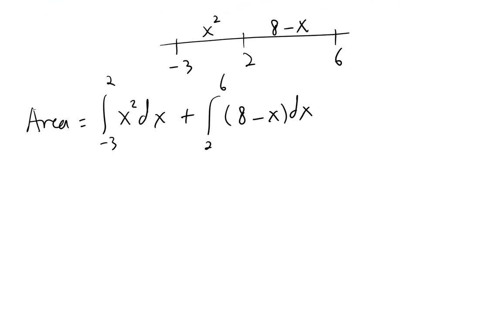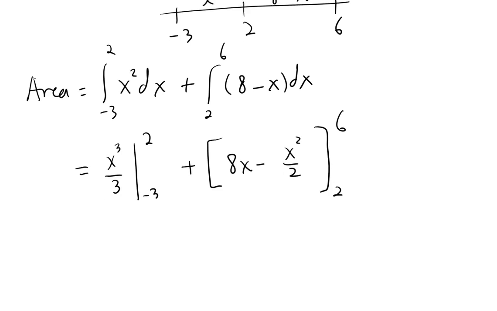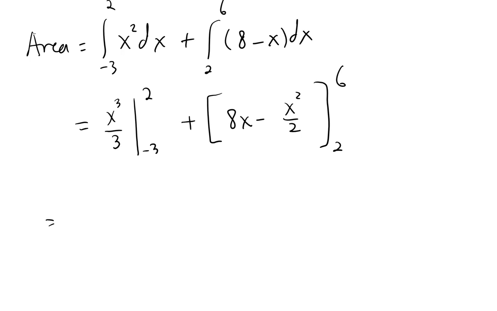So now the integral of x squared is x to the third over 3 from -3 to 2, plus the integral of 8 minus x, which is 8x minus x squared over 2, from 2 to 6. All this from the previous section. So now to evaluate this, we open 2 parentheses for the first one, plus 2 parentheses for the next one.